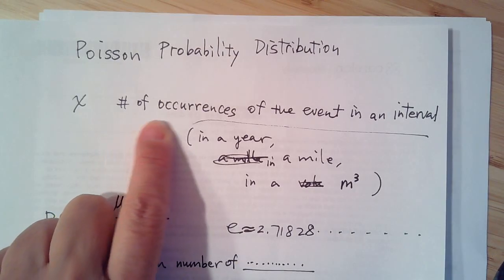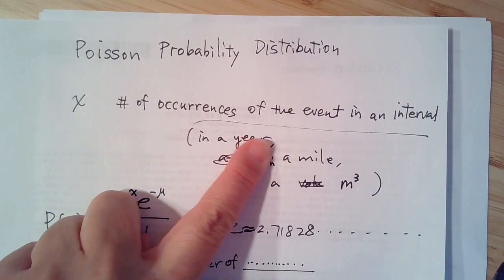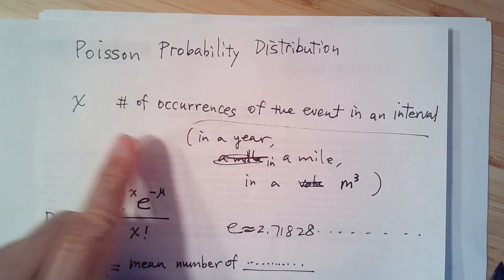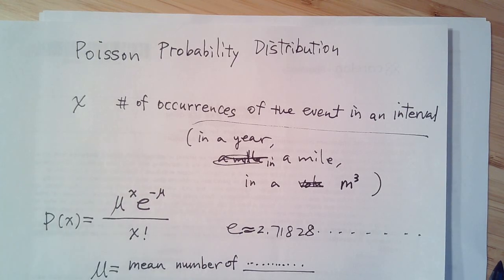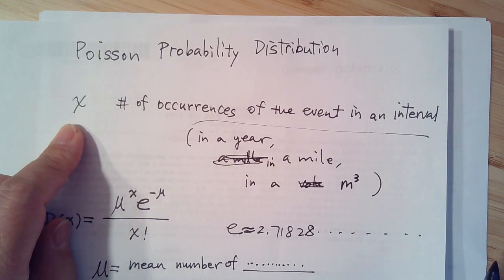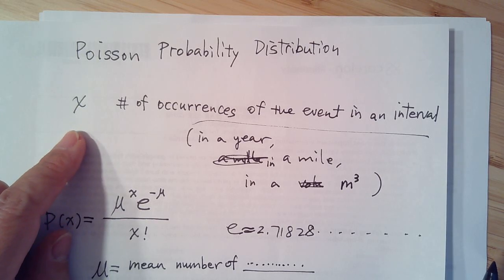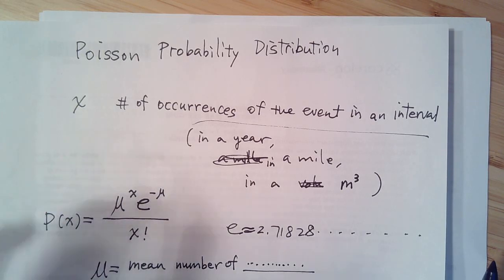That could be 0, 1, 2, 3, 4, 5, it could be 1 million. Even if the chance is tiny, it's possible to have 1 million earthquakes.